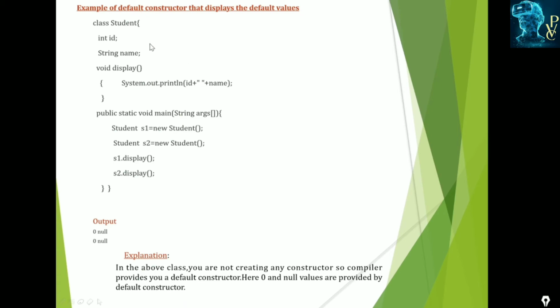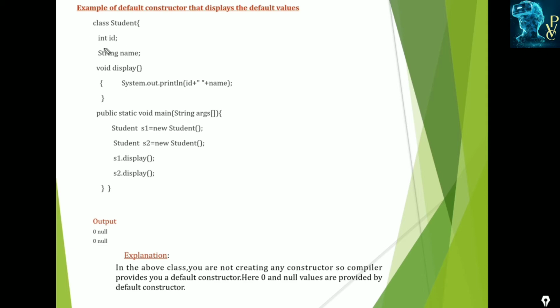And this is another example, the Student class, which has different default values. In the previous example, we created only the constructor with numeric values. Here I am using two different data types.